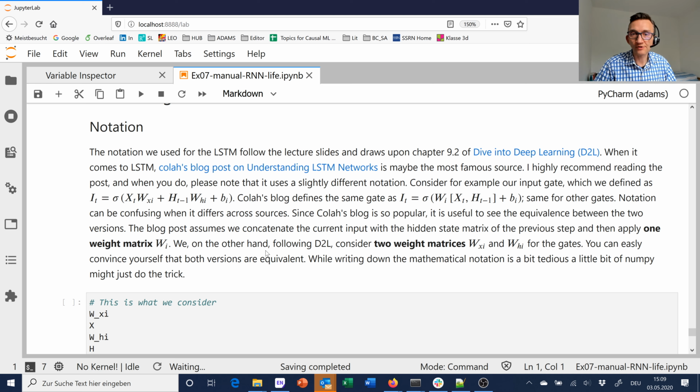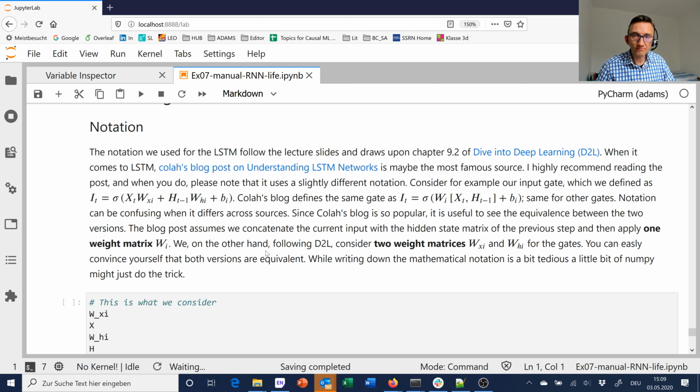And I want to raise your attention to the fact that Chris Olah uses a slightly different notation, which might confuse you. So before reading Chris' blog, maybe have a look at this little remark here, where I'm basically showing how the notation that we use, based on our textbook Dive into Deep Learning, and the notation that Chris Olah is using in his blog are obviously the same.